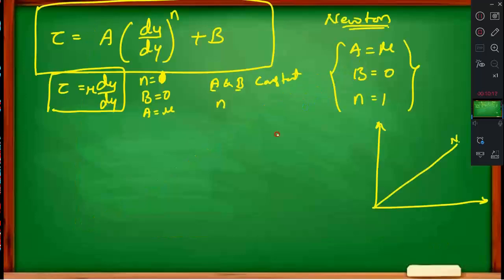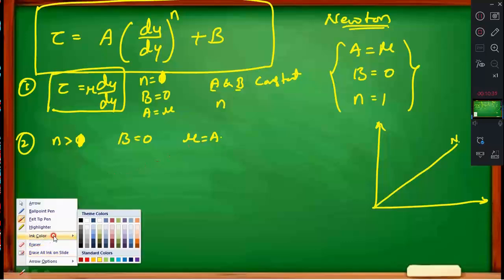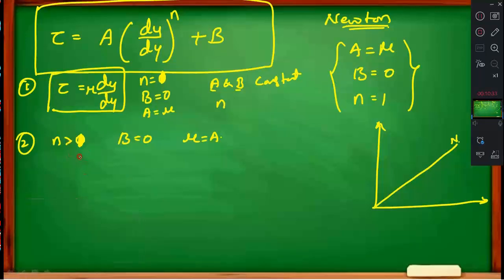One type is over. Second type, what all can you make now? Here I can make n greater than 1, and B I will make 0, and let A be mu. Then what equation can you have here? Tau is equal to mu into (du by dy) to the power n. This much you got.